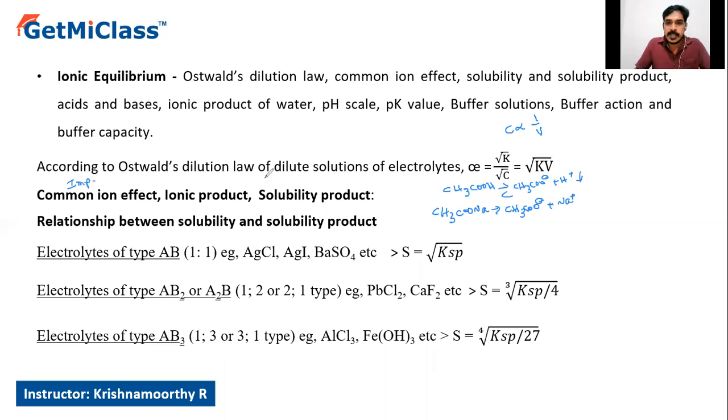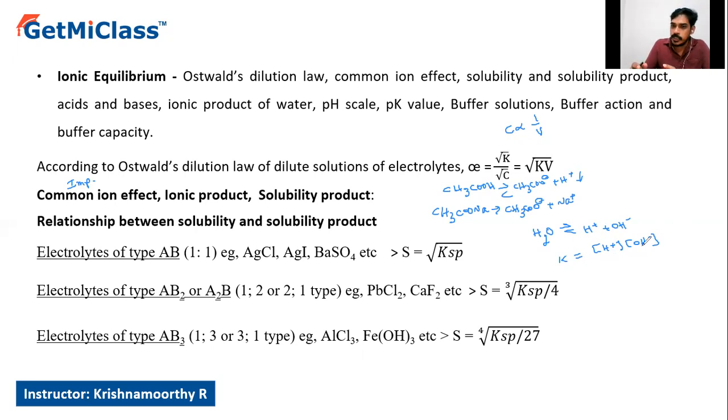Another one, that is ionic product. Ionic product is always with respect to water. So H2O decomposes as H plus and OH minus. So we can write the equilibrium constant K, that is equal to the molar concentration of H plus into OH minus divided by the molar concentration of water.